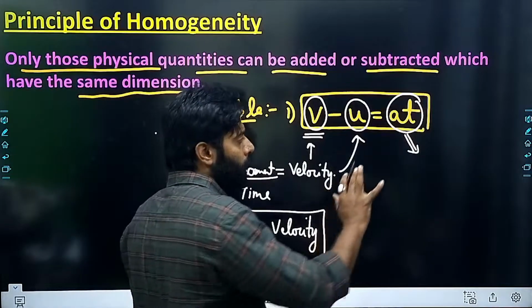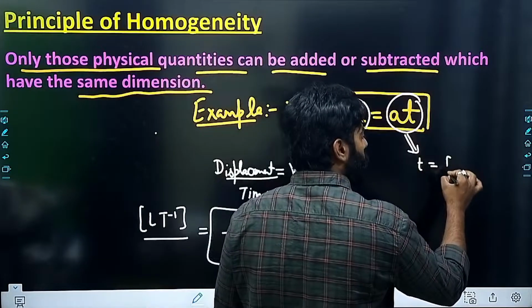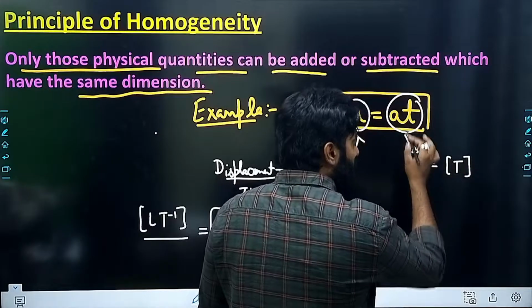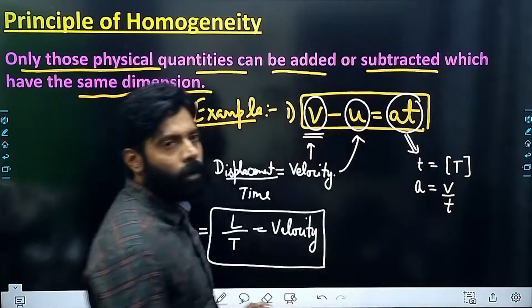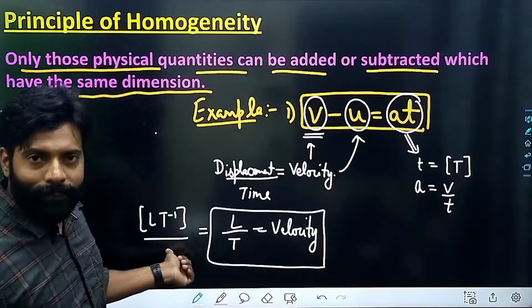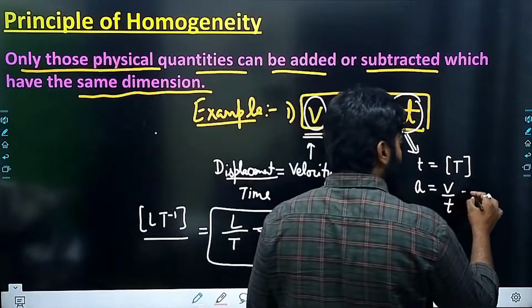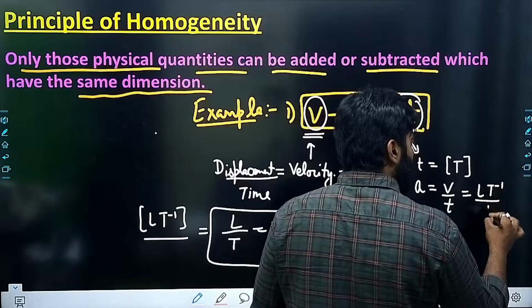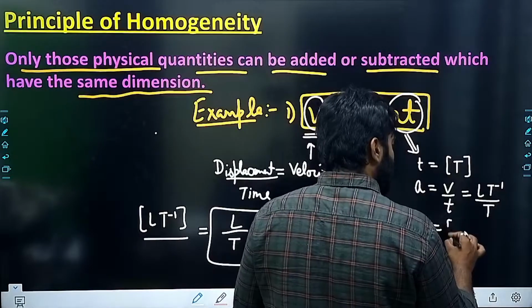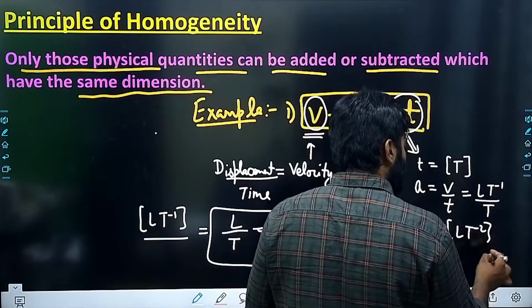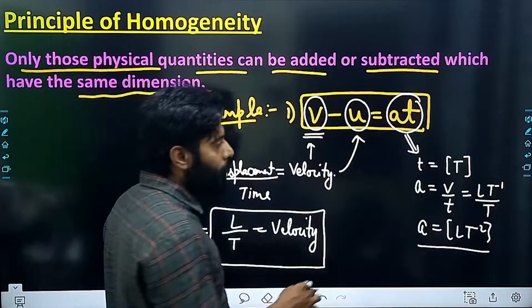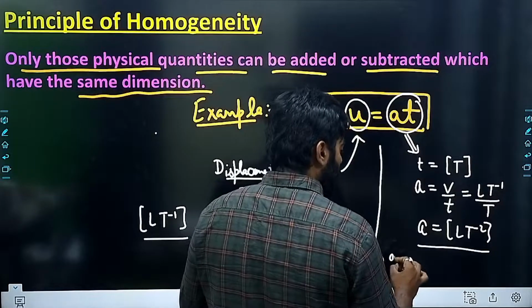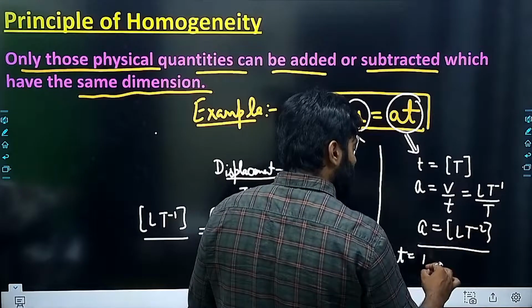It's very simple. The dimension of time is T, and the dimensions of acceleration means velocity by time. We have already found that the velocity dimension is LT^-1, and this is T. So I can write the dimensions as LT^-2. This is the dimensions of acceleration, and if I multiply this by t, then I'll get the dimensions LT^-1.